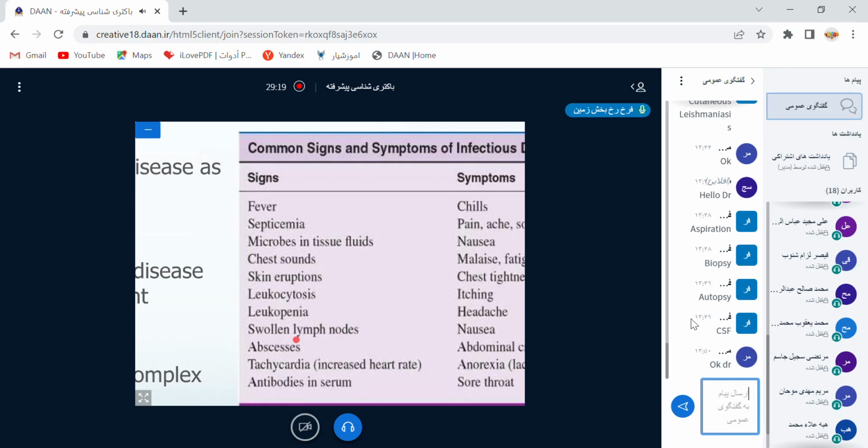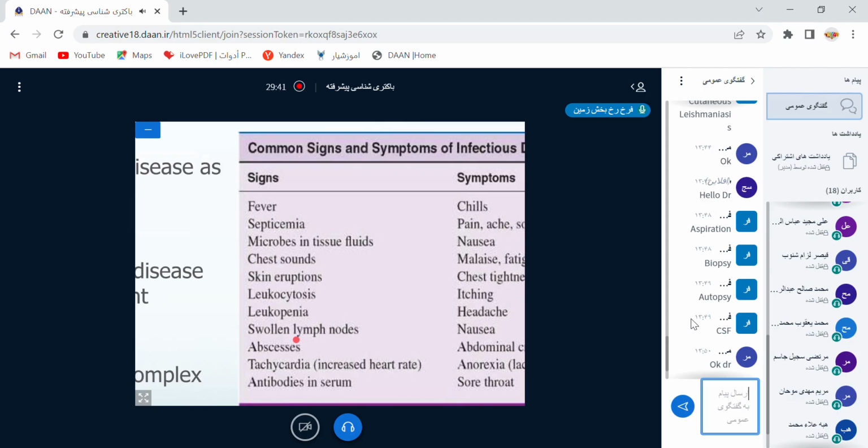Swollen lymph nodes: lymph nodes have a critical role for the immune system, and sometimes during infection they are swollen and can be seen by eyes.